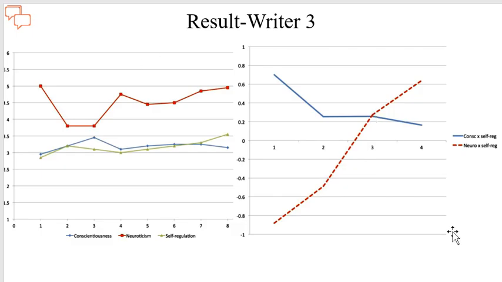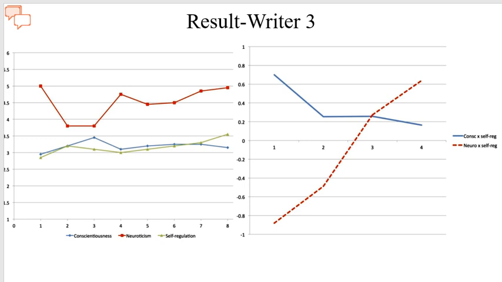It's the result of writer 3. The data provided by writer 3 showed a different pattern to that of writer 1 and writer 2, in that scores for neuroticism were consistently higher than those for SRC and conscientiousness, which were moderate.